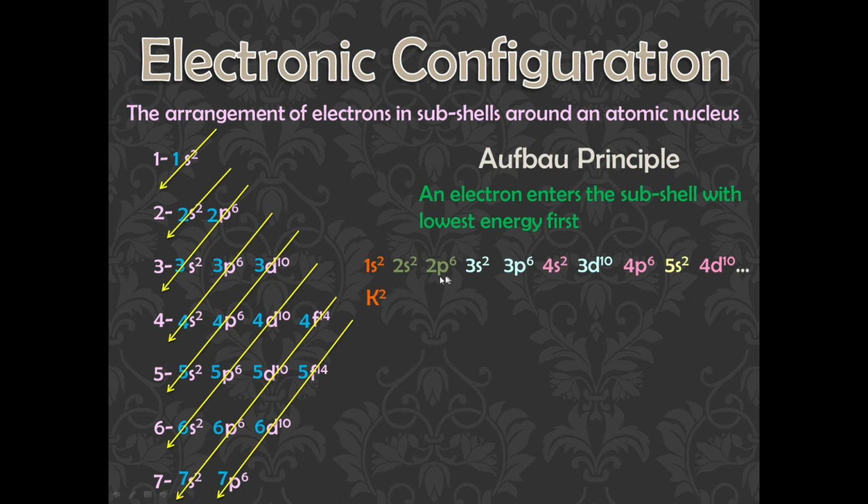And with these two subshells, 2s2 and 2p6, 2 is written, means these two subshells belong to second shell, which is L shell, which can hold 8 electrons, and these 8 electrons are divided like this: 2 in S and 6 are in P subshell.